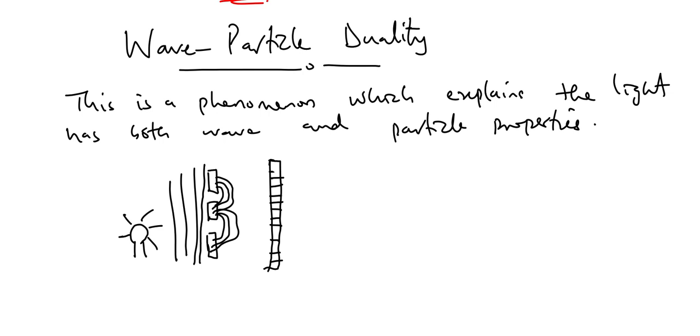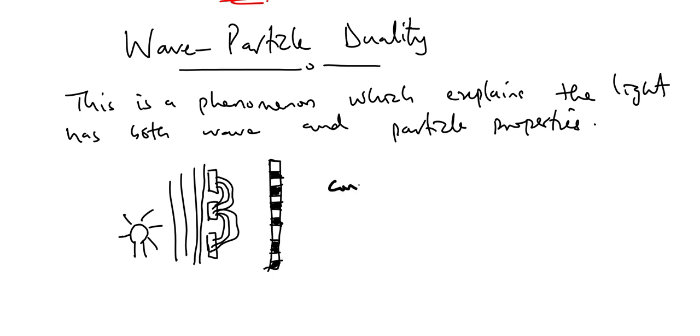What do we mean by light and dark spots? We have light here, dark, light, dark, light, dark, light. So this is what we observe. Why do we have light and dark spots on this screen? Because sometimes these waves combine constructively.